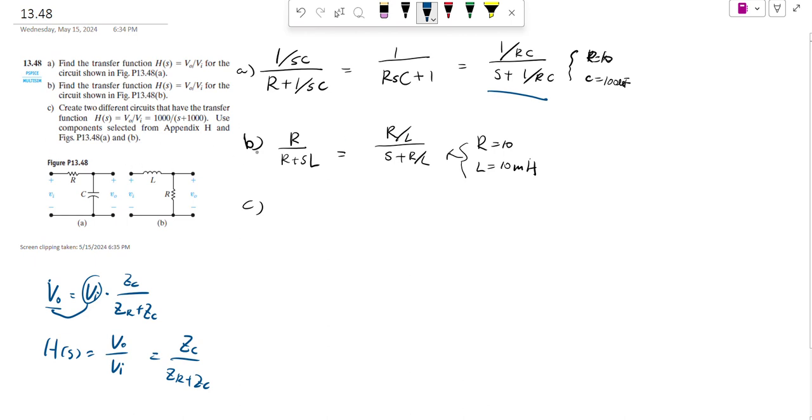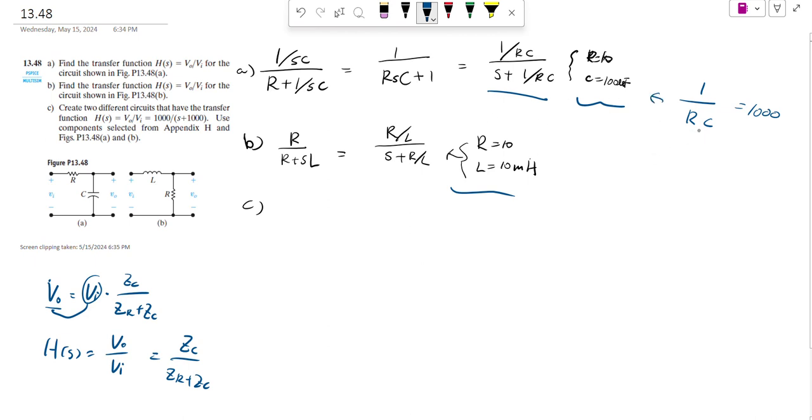All right, so these are part C. For part C, create two different circuits that have the following transfer functions. Basically, we want the top one, 1 over RC, to equal 1000.